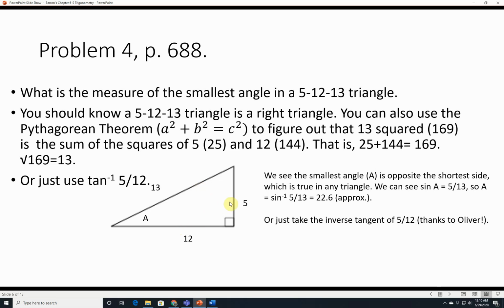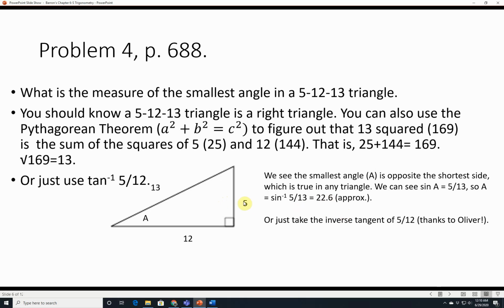Either way, what you can do is just know 5, 12, 13 is a right triangle, and you can do a couple different things. You could draw the triangle. You see, okay, the smallest angle has to be across from the shortest side, which is across from 5. So the opposite over the adjacent would just be 5 over 12. That's the tangent, so all I have to do is take the inverse tangent of 5/12, and that will give you 22.6.